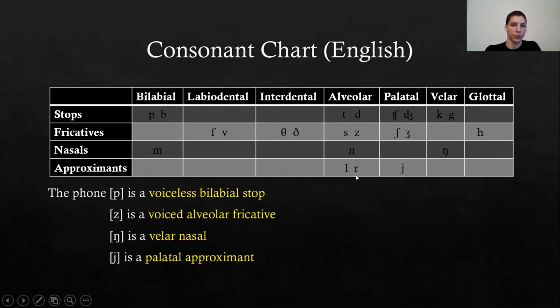That tradition gets a little broken for the approximants here. So L and R are both voiced. That's just kind of how they are, because you can't really write them on top of each other. But just remember, for the approximants, L and R are both voiced.